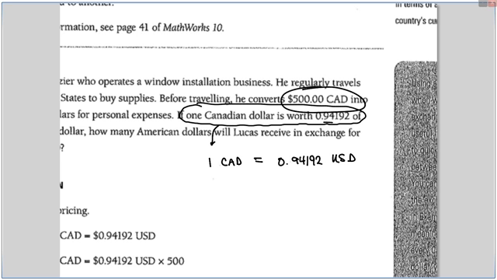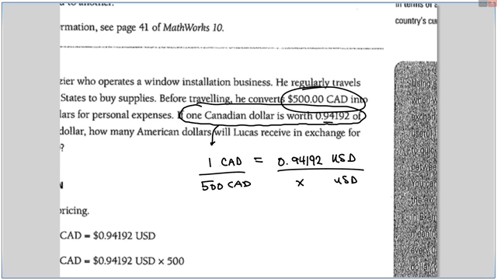They want us to convert 500 Canadian, so put the 500 on this side to line up the Canadian. See how if you write the units, it's lined up? Then on this side, we'll solve for X in US dollars.